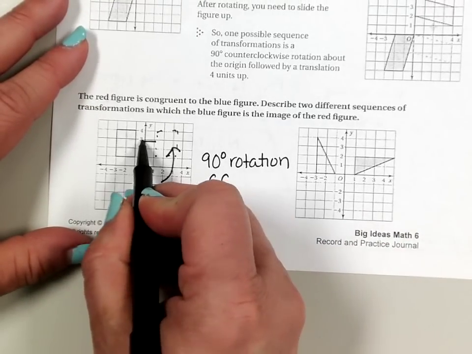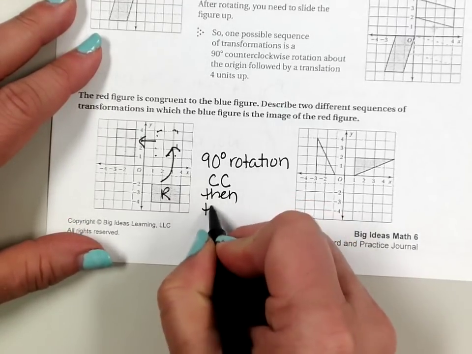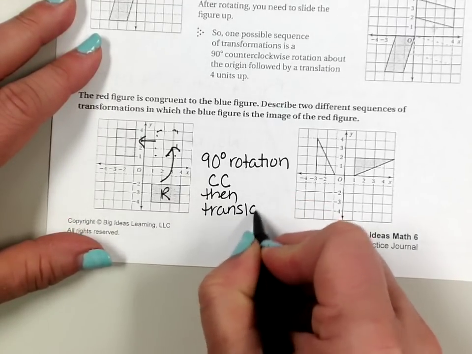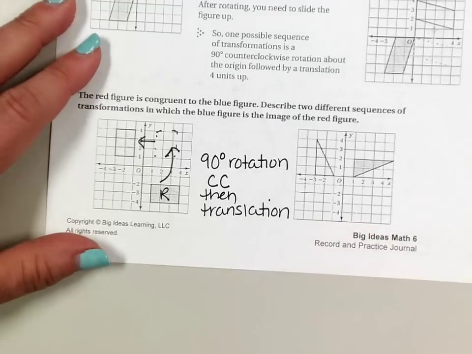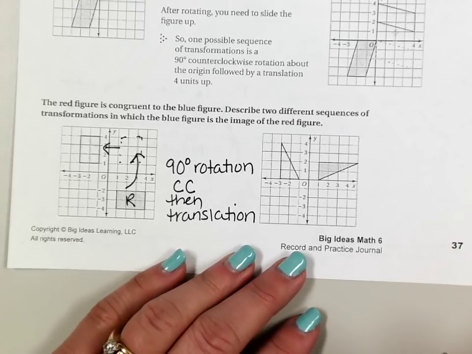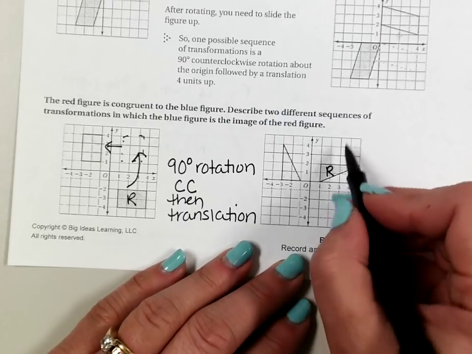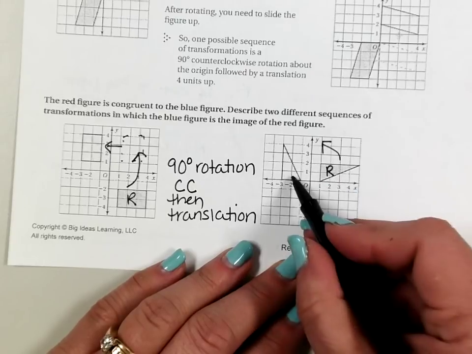And then it looks like it slid. Then a translation. So those were the two movements. We're just describing what kind of movements it would have had to have been. Alright, so from the red to the blue again, you have to turn this one upright to get to this.